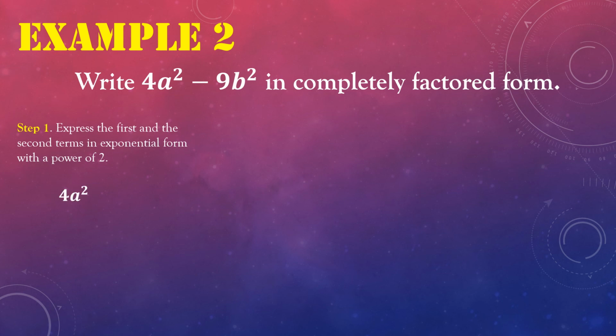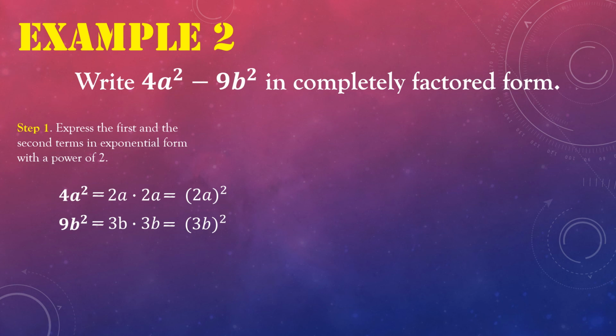The first term, 4a squared, can be written as 2a times 2a, or the quantity of 2a raised to 2. On the other hand, the second term, 9b squared, can be written as 3b times 3b, which is equal to the quantity of 3b raised to 2.